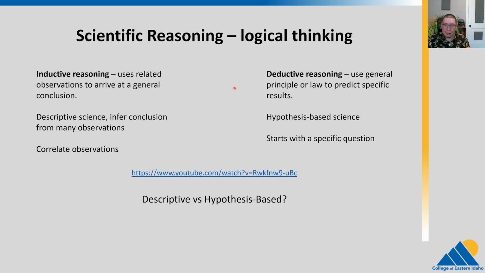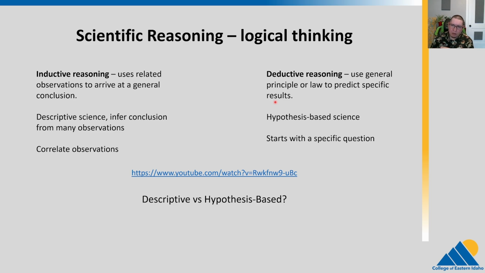We'll come back to that. Let's talk deductive reasoning. Using a general principle or law to predict specific results. So this is a different direction, right? In inductive reasoning, I'm observing a whole bunch of things. Like over and over again, I observe 20,000 birds, and then I try to draw a conclusion from that.